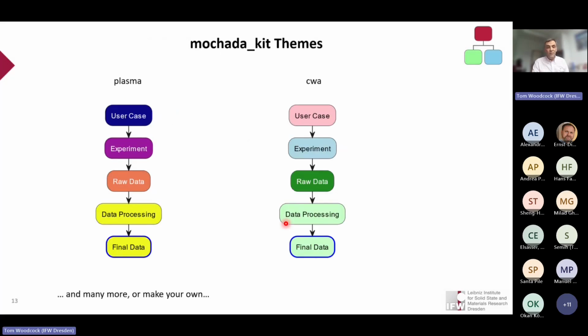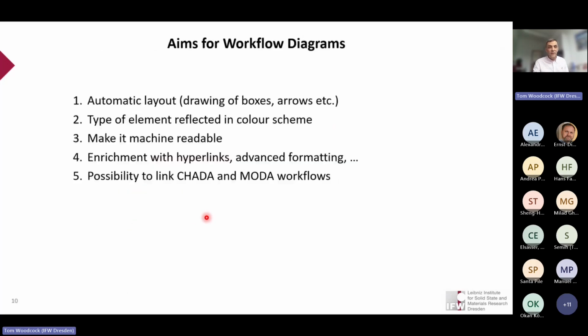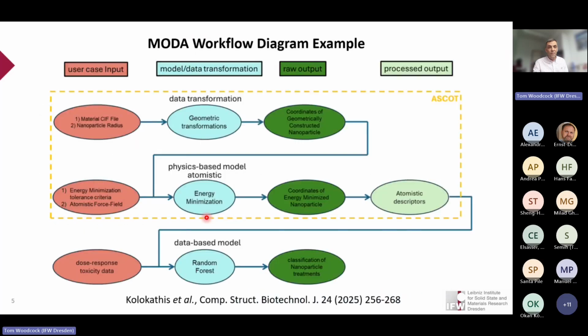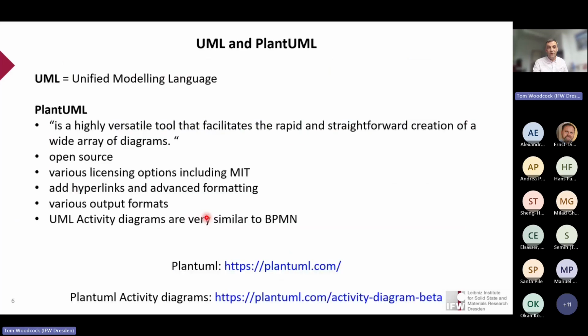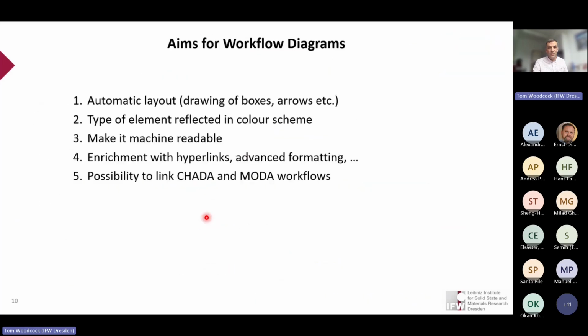Just a couple of other words about themes. The diagrams that I've shown you so far have been based on the plasma theme, which is based on the plasma color map from Matplotlib. And personally, I find that one quite nice to look at. But if we go back to the diagram which I showed you before, these are the colors from the current working agreement of CHADA and MODA.